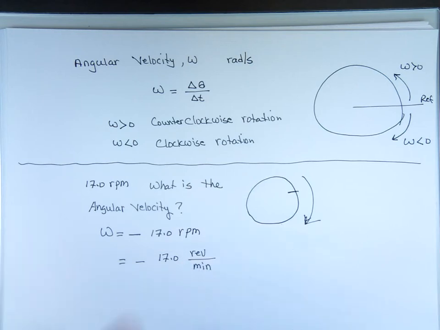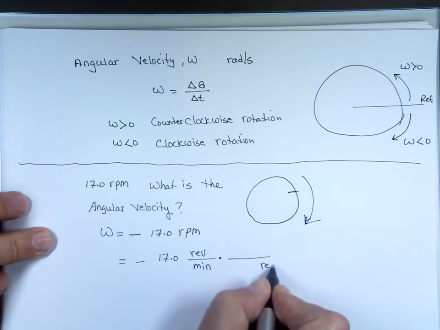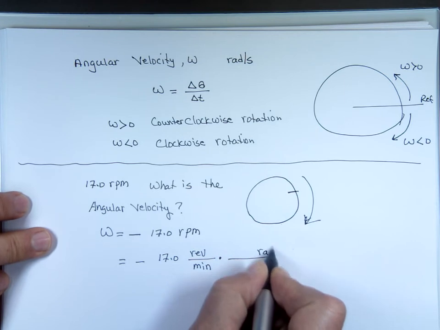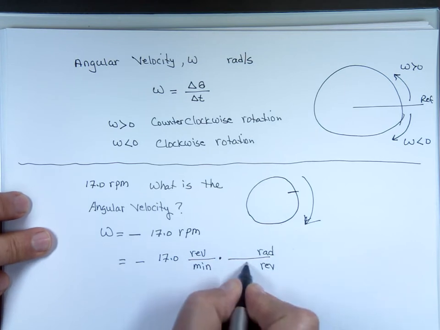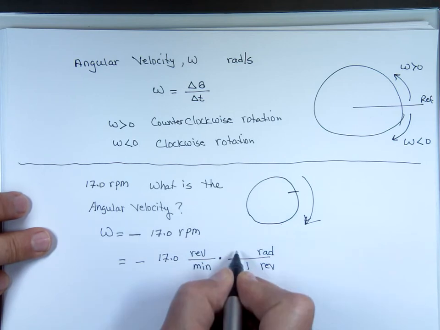Let's change the rev to radian and the minutes to seconds. Since rev is on the top, you want rev on the bottom, radian on the top. One rev has how many radian? 2 pi, right?